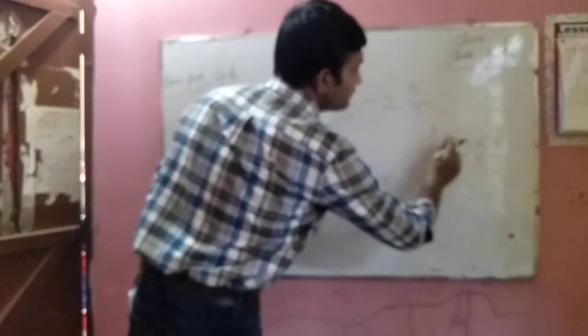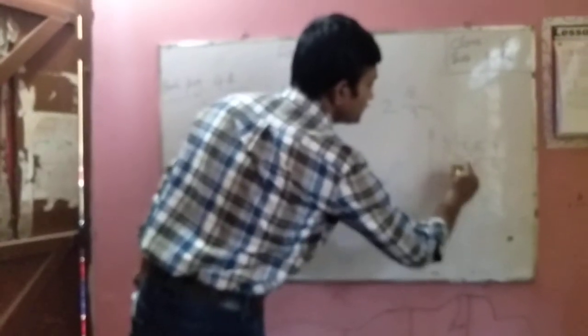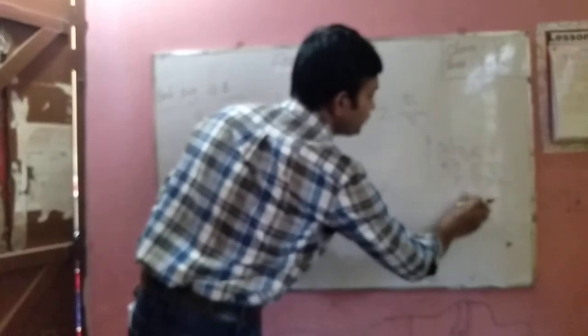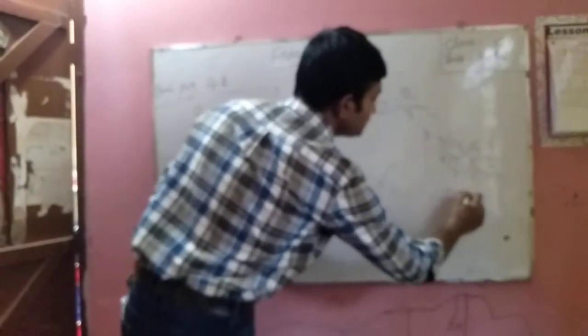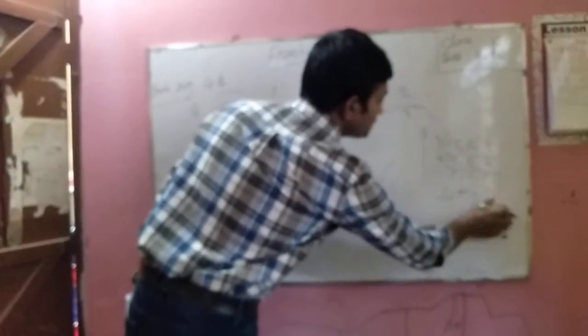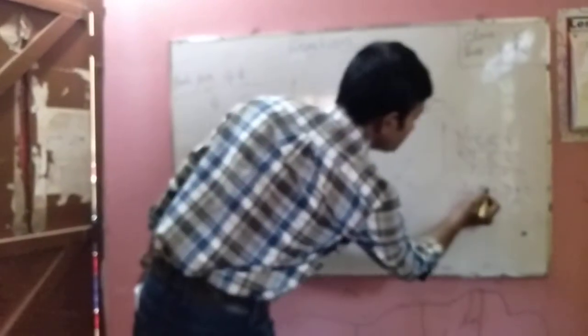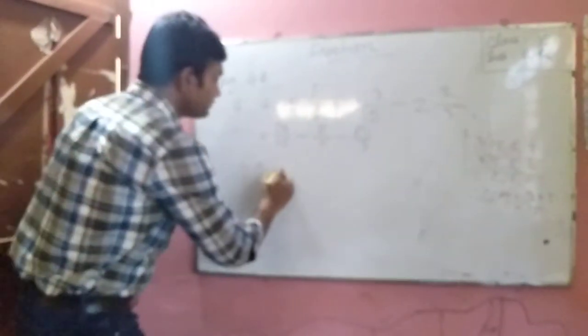So here will be 5 and 3 1s are 3. Now we can take another 5, 5 1s are 5, 1. So LCM equals how much? I think it is 15. So LCM is 15. So we will write the denominator 15.